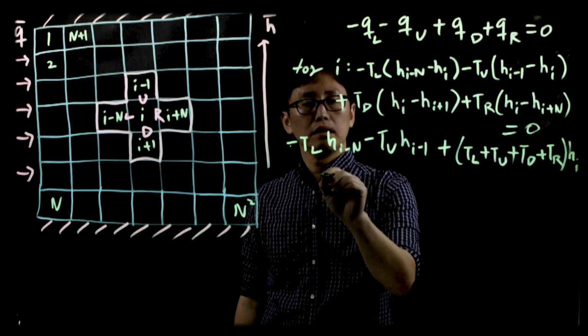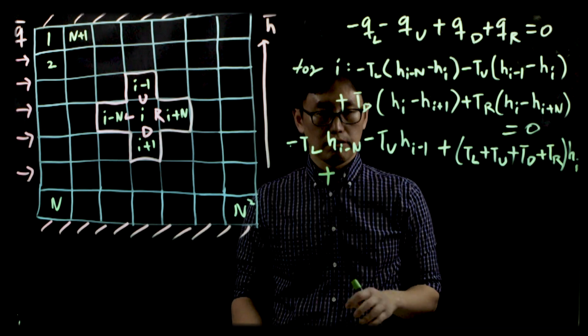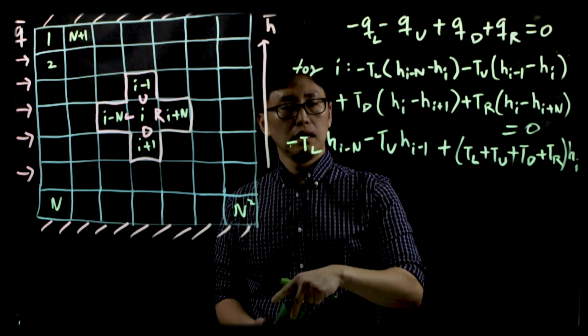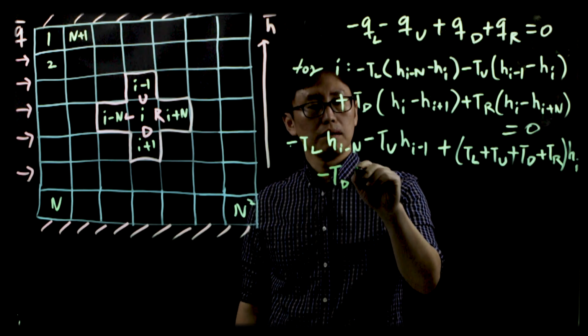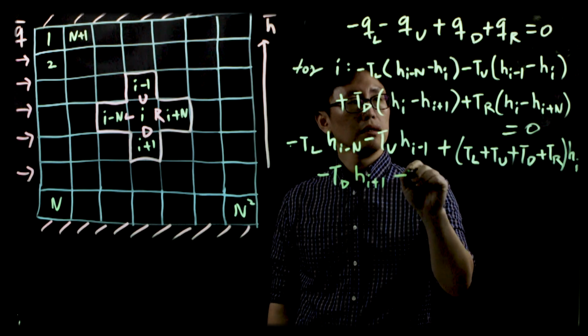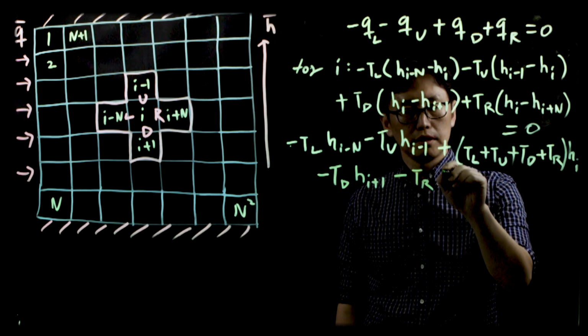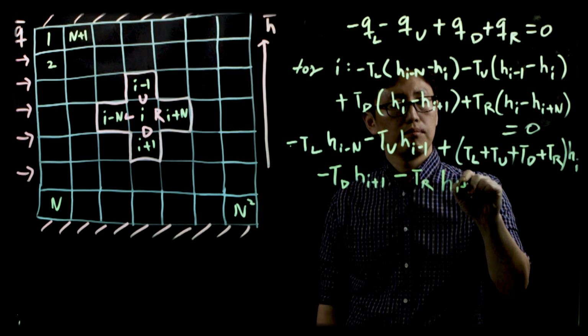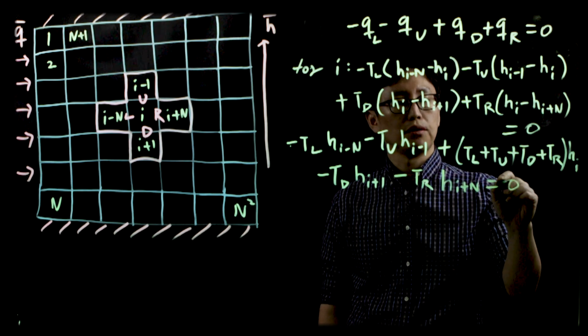And there are two other terms, minus TD times H_{I+1} minus TR times H_{I+N}, is equal to 0.